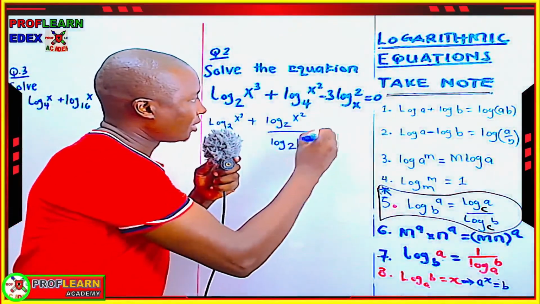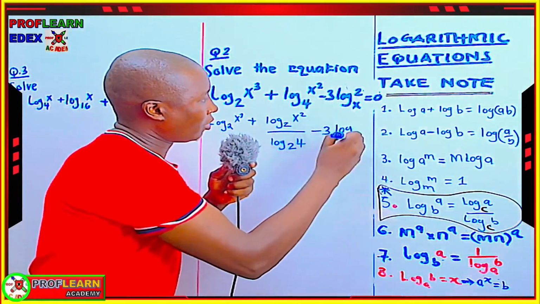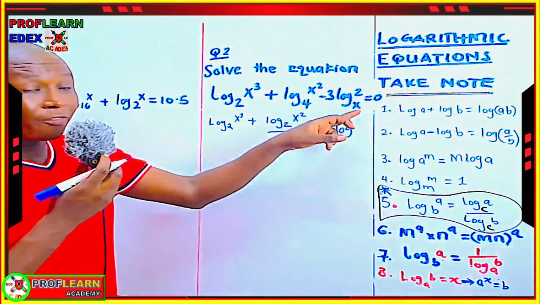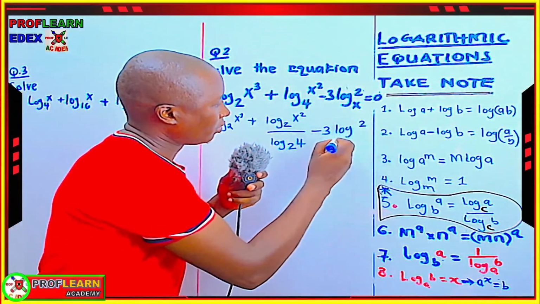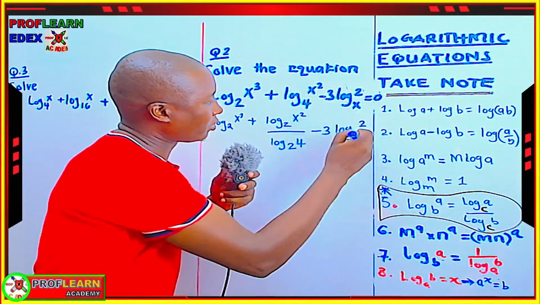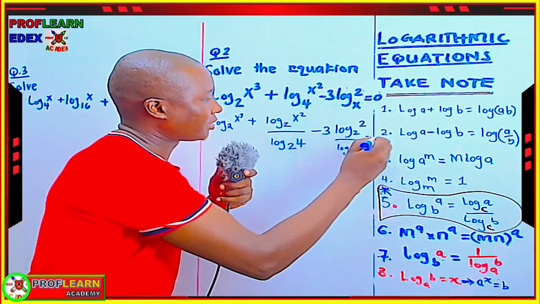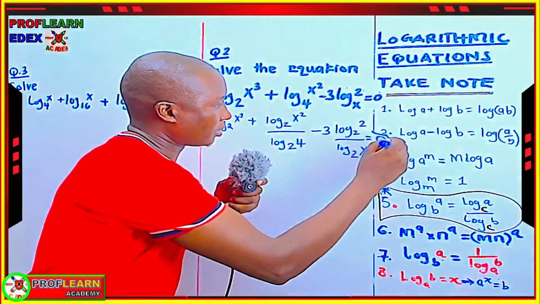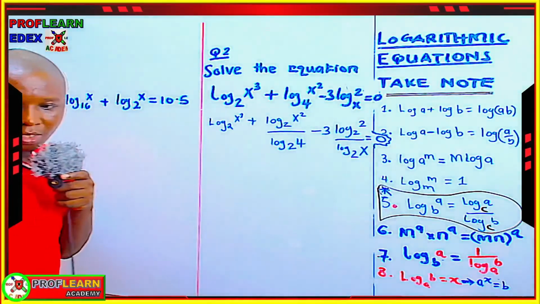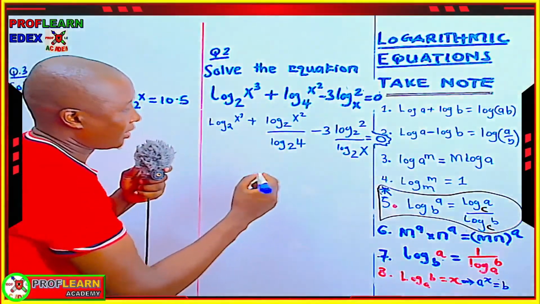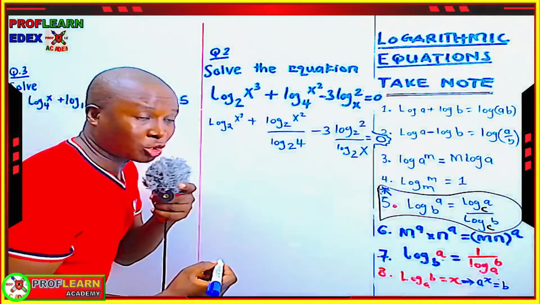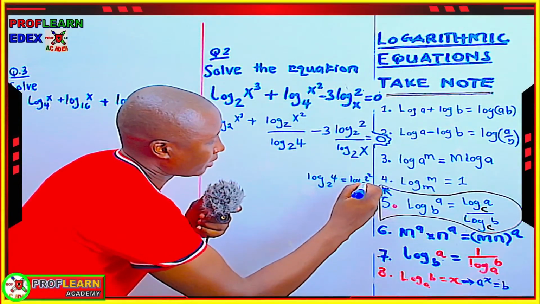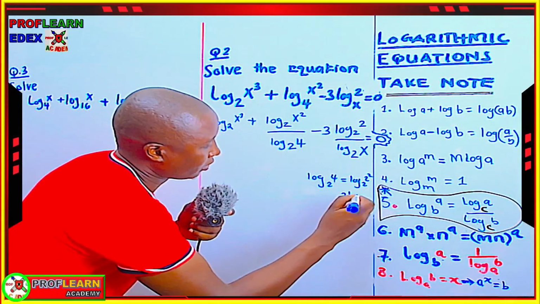So we can say this can be written as, we can take the powers down in front of the log, so we are going to say 3 log x base 2 plus 2 log x base 2 over 2, and this will cancel out, minus 3 over log x base 2 is equal to 0.